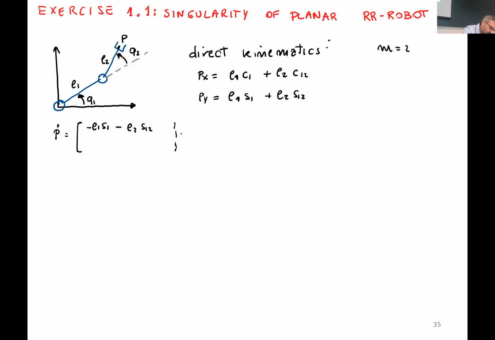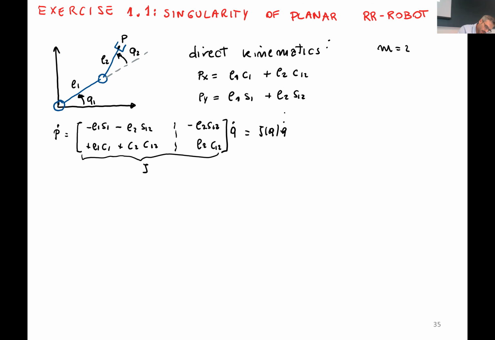And we also get the partial derivative of px with respect to q2, which is minus L2 s12. The partial derivative of py with respect to q1 is L1 cosine of q1 plus L2 cosine of q1 plus q2. And the partial derivative of py with respect to q2 is L2 cosine of q1 plus q2. So the Jacobian is a 2 times 2 square matrix.